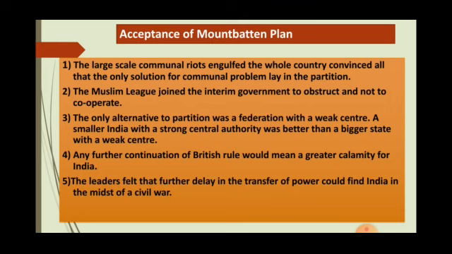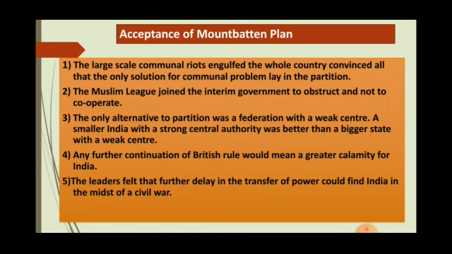The last point: the leaders felt that further delay in the transfer of power would find India in the midst of a civil war. The delay in the transfer of power will create many problems. There will be war between provinces against provinces. There will be wars between different communities.